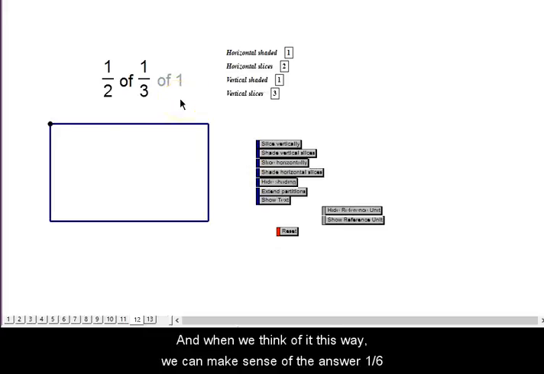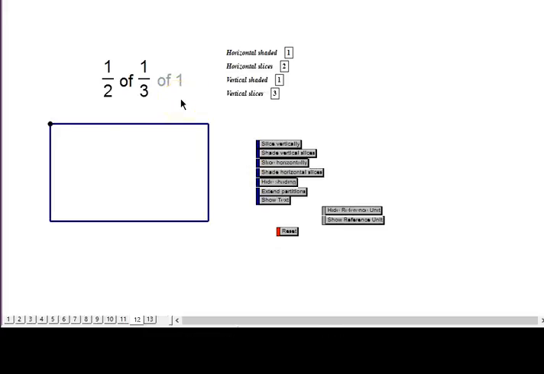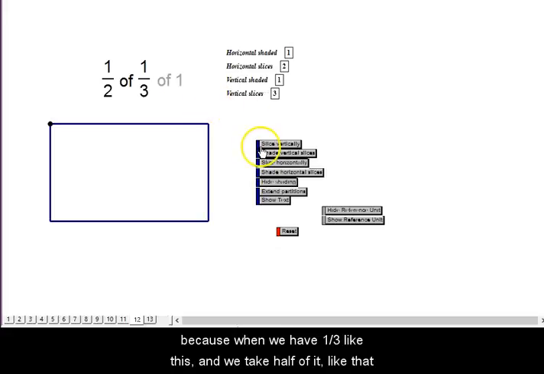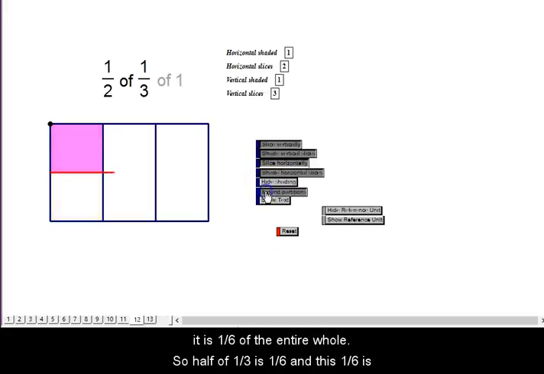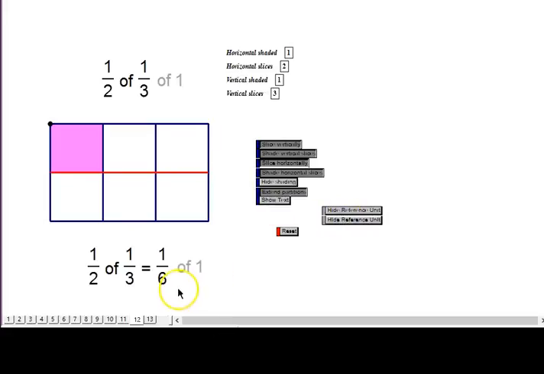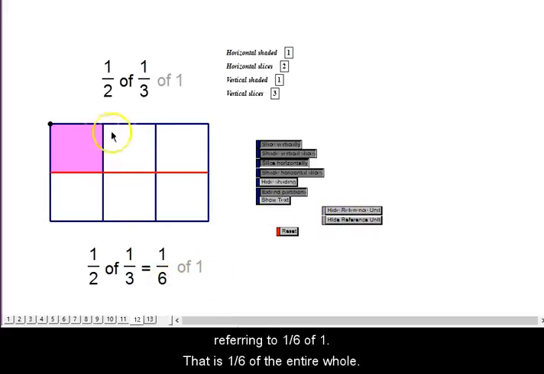And when we think of it this way, we can make sense of the answer 1/6, because when we have 1/3 like this, and we take 1/2 of it like that, it is 1/6 of the entire whole. So 1/2 of 1/3 is 1/6, and this 1/6 is referring to 1/6 of 1. That is 1/6 of the entire whole.